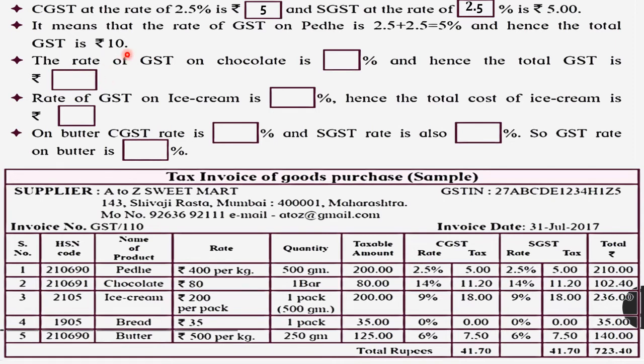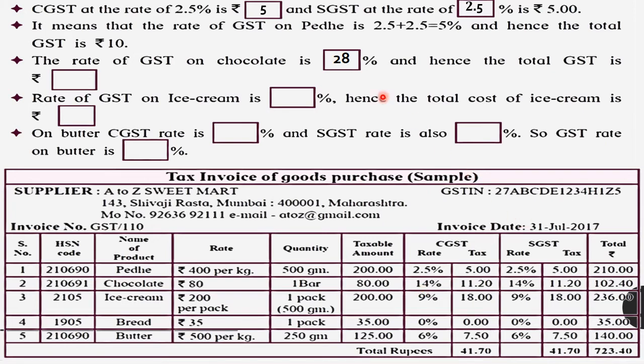Now, this is the observation you will require when we solve examples. The rate of GST on chocolate is 28%, because when they write GST, they are asking for the total GST. You have to add CGST and SGST together.